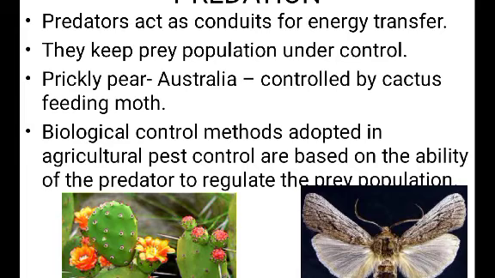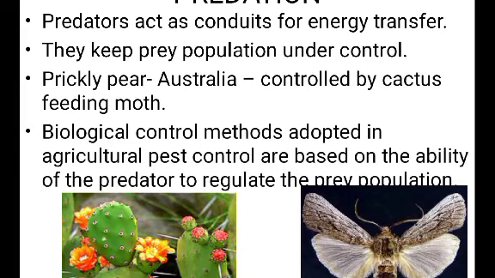Animal example only we used to say, isn't it? But even the plant which is synthesizing the food and is eaten by a herbivore, that can also be considered as a predator. So the herbivores are also actually predators feeding upon the plants. Okay, so we can say one of the roles of this predator is what? It acts as a conduit for energy transfer from one trophic level to another trophic level.